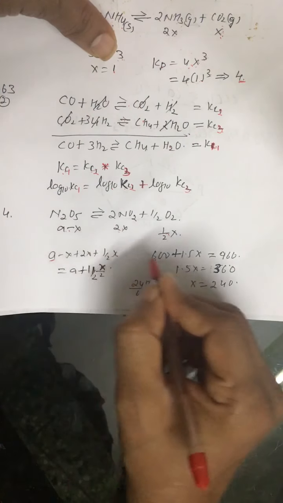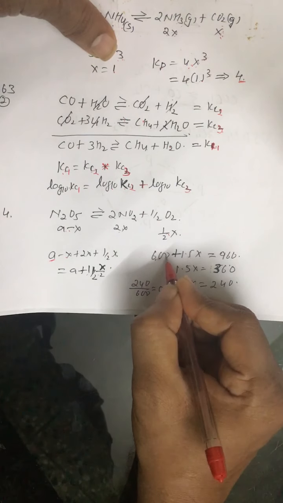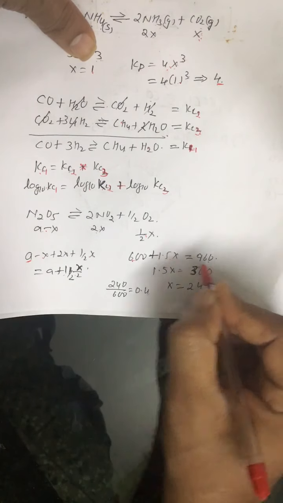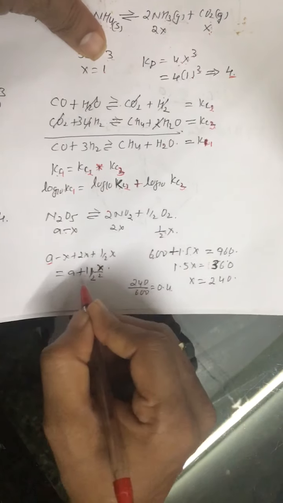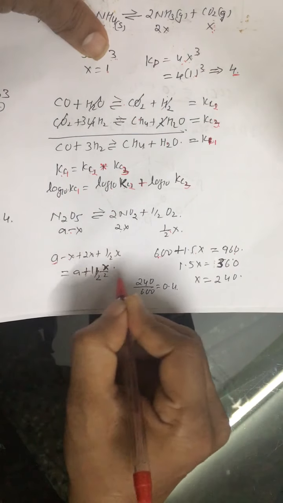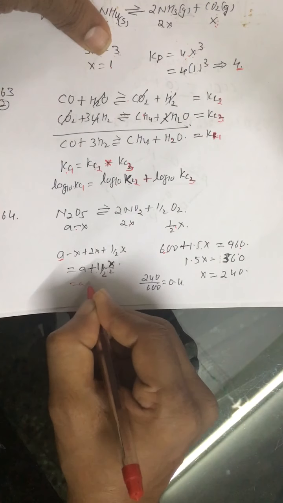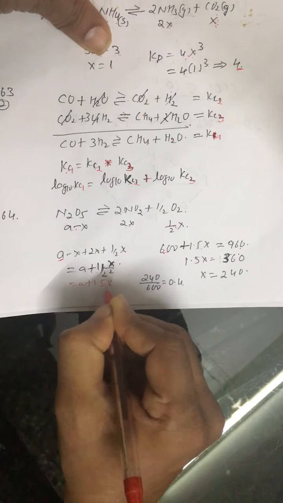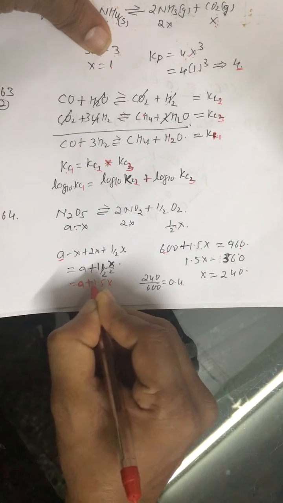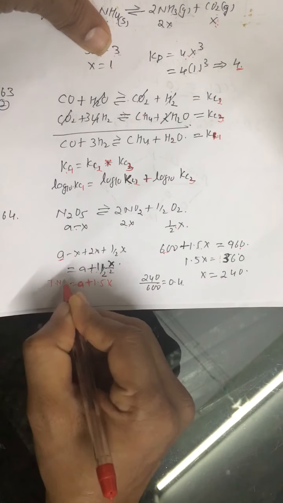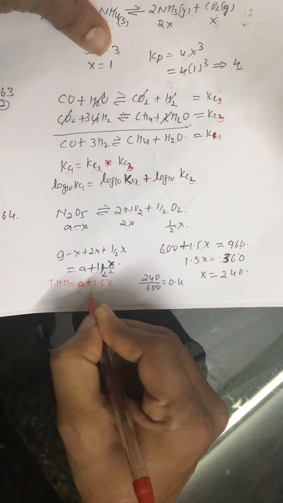Initial moles, which corresponds to initial pressure 600, plus 1.5x equals the total pressure. What we did, we calculated total number of moles, which is coming out to be a plus 1.5x, which is equal to total pressure.